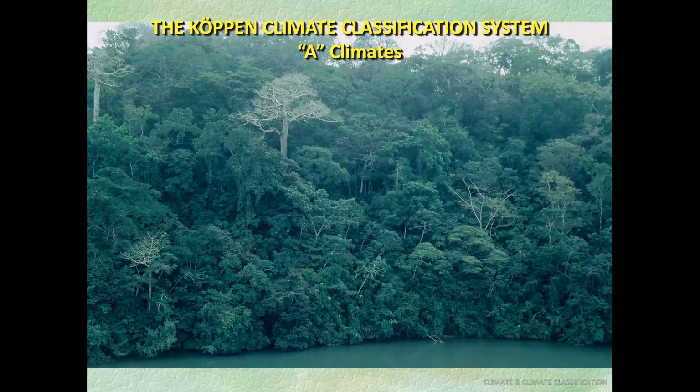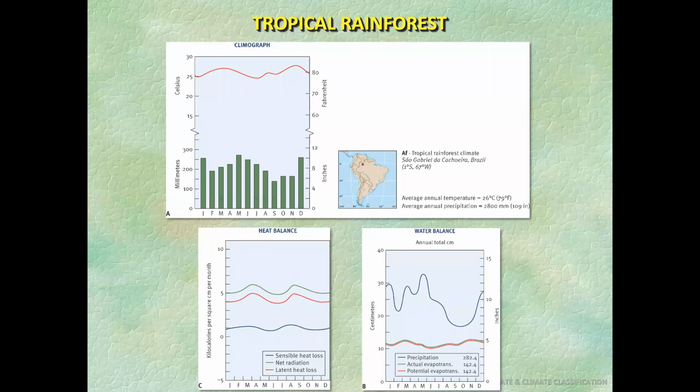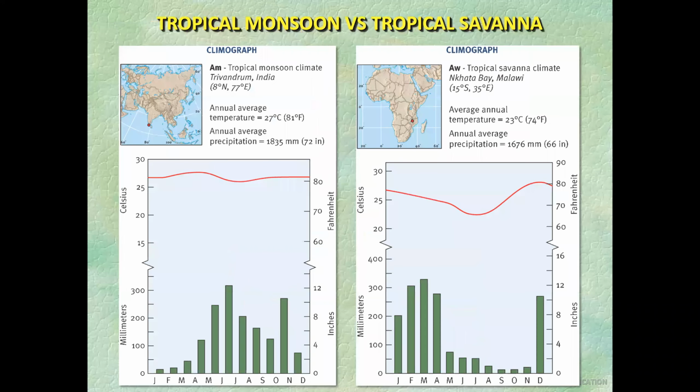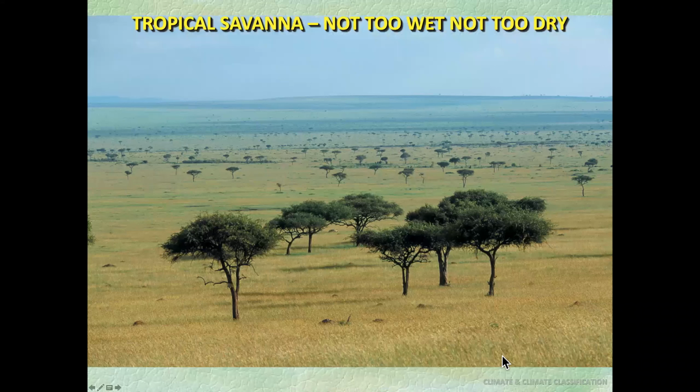An A climate would be like a tropical jungle, lots of rainfall, water balance in the positive, or notice short dry season or long dry season. That's what a savanna looks like. Not too dry, not too wet. Wet enough for some trees to grow.